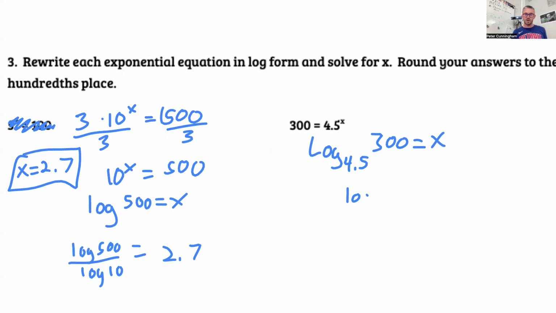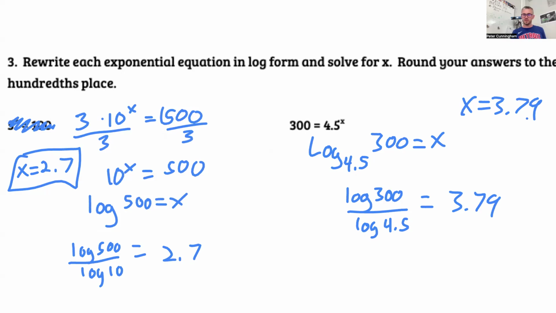But if you are working with a more basic one, you can just do log 300 divided by log 4.5. That's going to give you 3.79. So x equals 3.79.